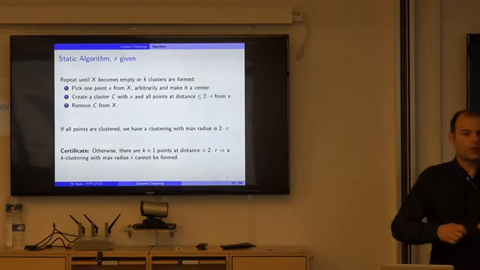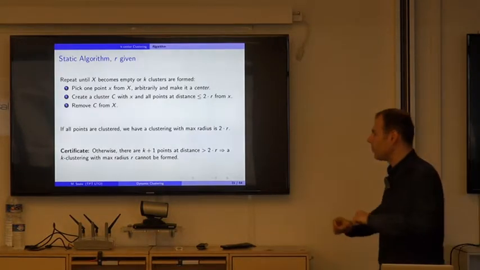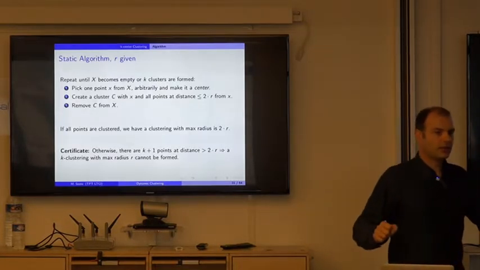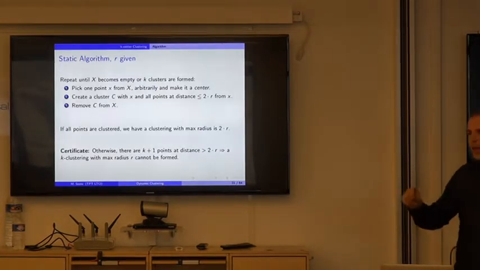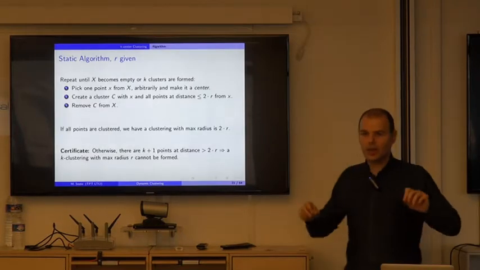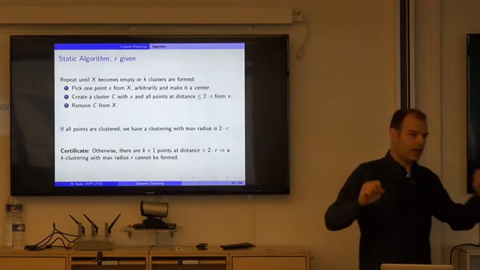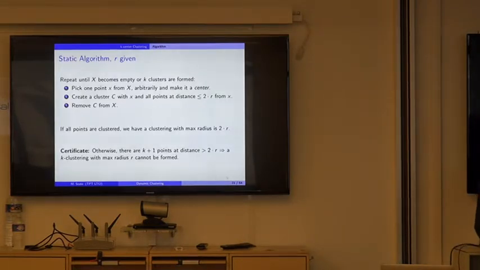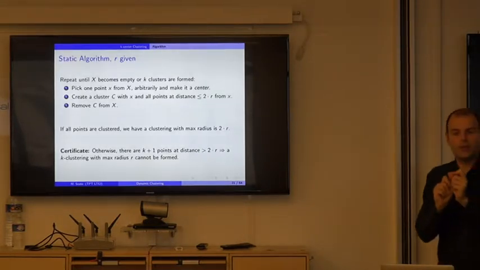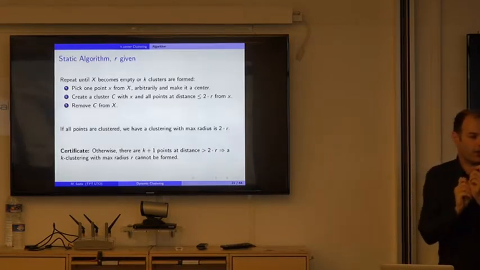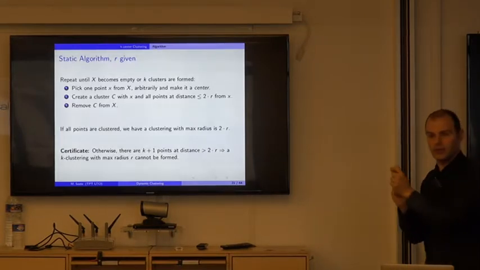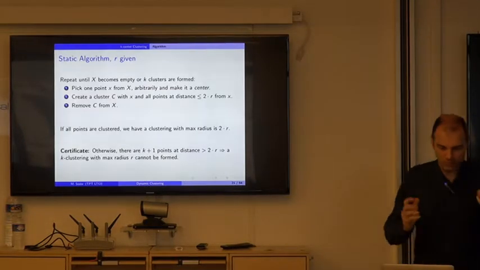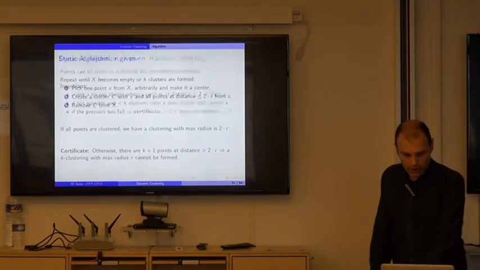In that case, I can find k plus 1 points that are at pairwise distance larger than 2 times r. Since I have to cluster k plus 1 points that are at pairwise distance larger than 2 times r, at least 2 of these points must end up in the same cluster. And then the radius of the maximum cluster is strictly larger than r, and then r cannot be our optimal solution. So that's a very simple lemma.